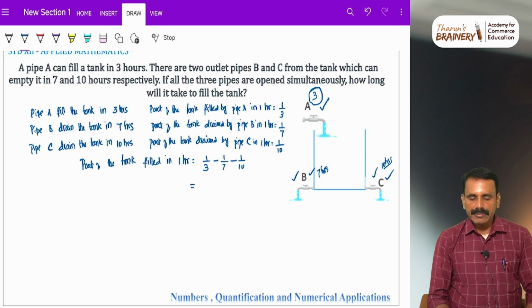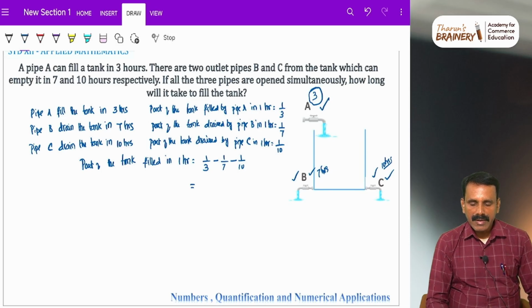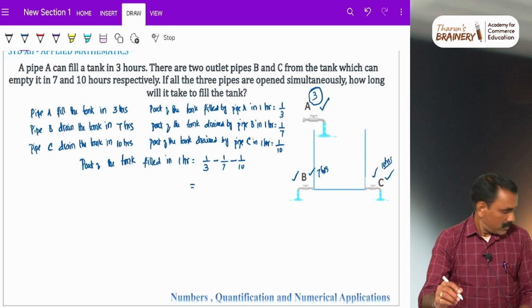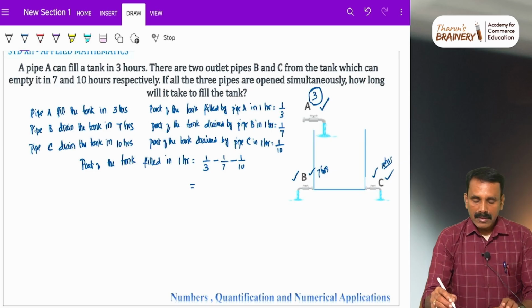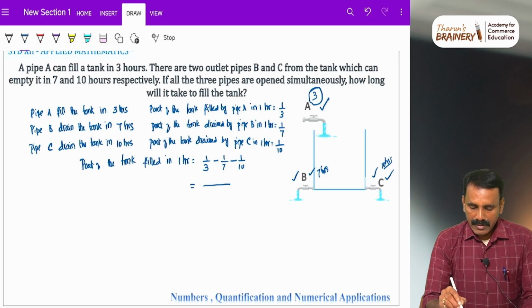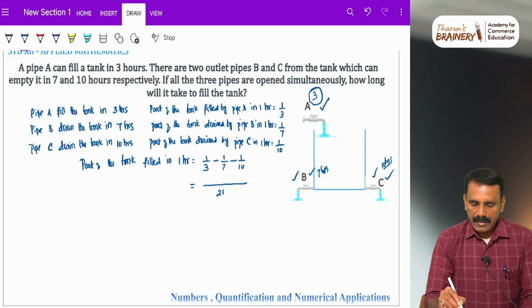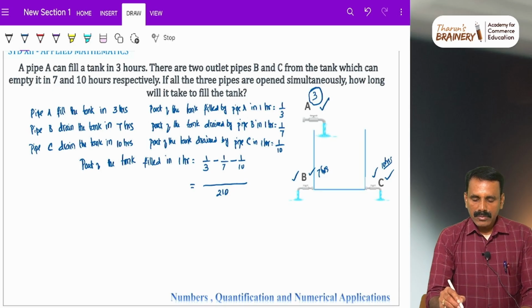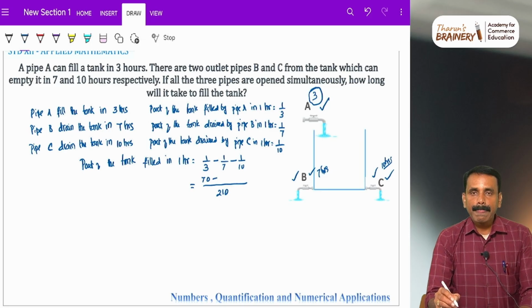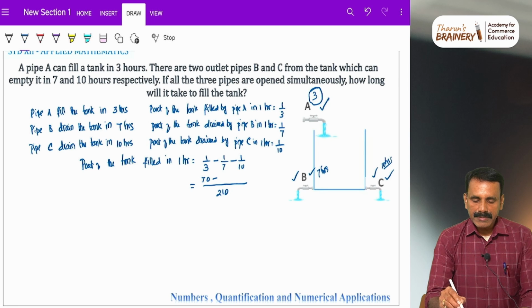Now, we take the LCM for 3, 7 and 10. The LCM is going to be 210. So, in 210, 3 will go 70 times. We multiply with 70. Minus, in 210, 7 will go 30 times, so multiplied with 30.